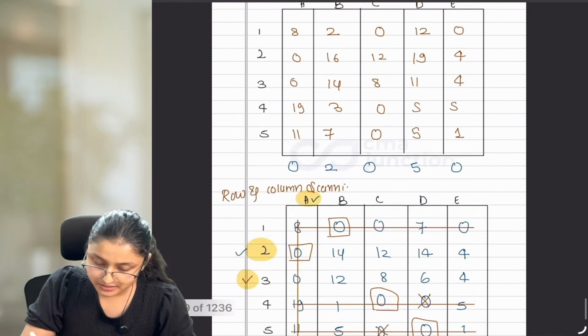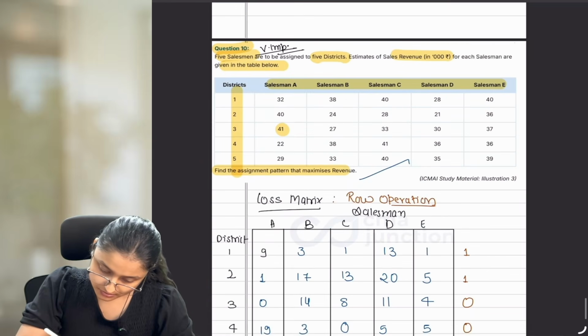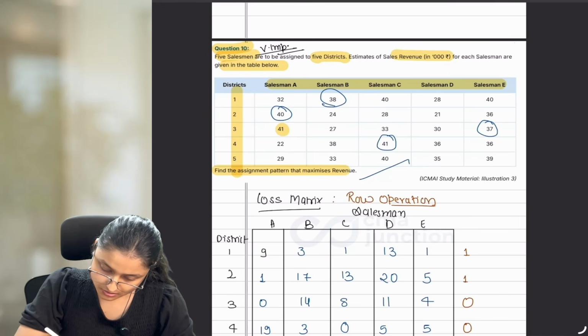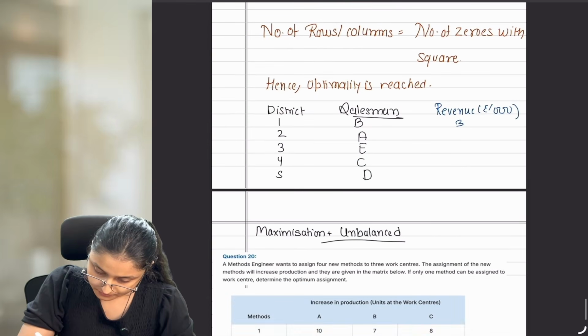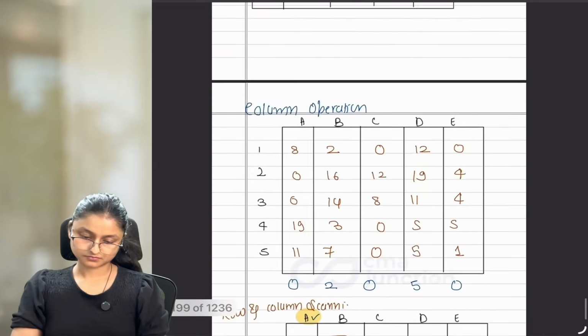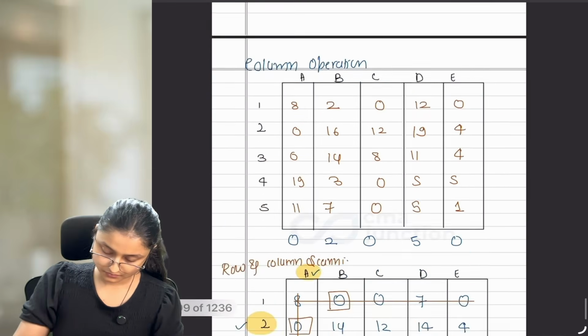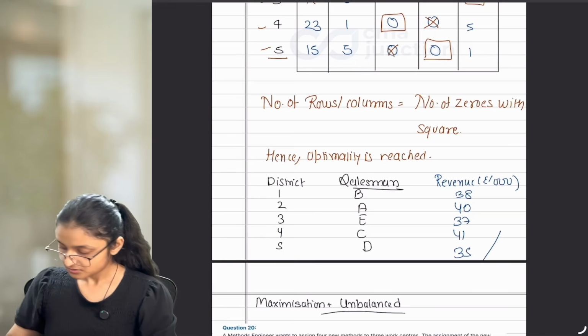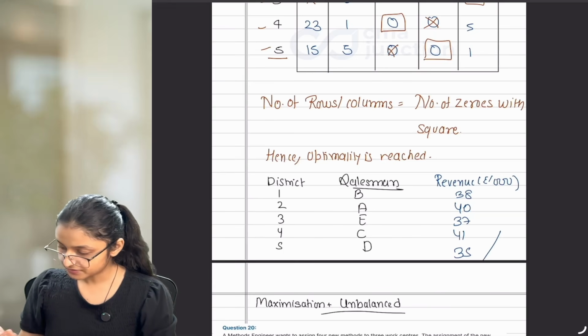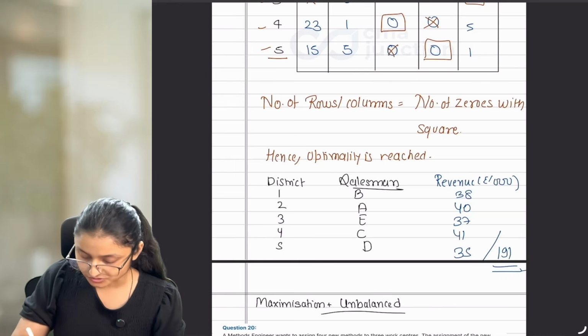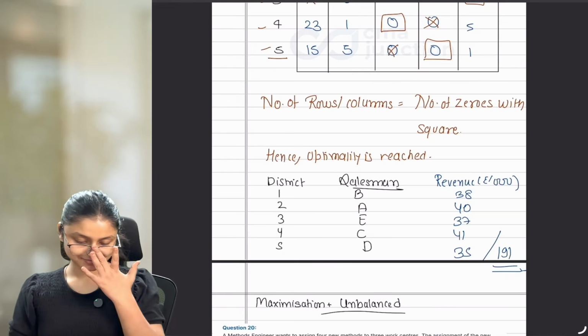Now BAECD, B, A, E, C and D. So 38, 40, 37, 41, 35. 38 plus 40 plus 37 plus 41 plus 35, that is equal to 191 in thousands, is your final answer. Done.